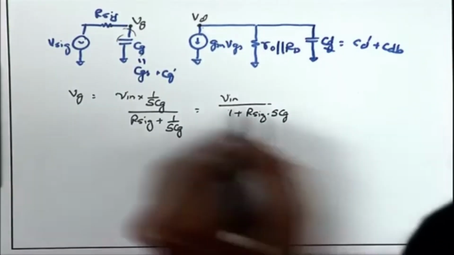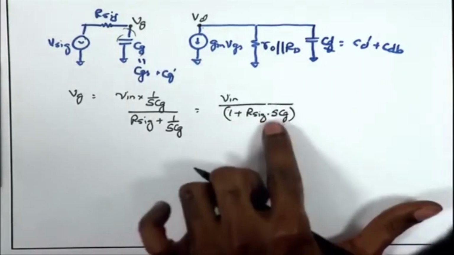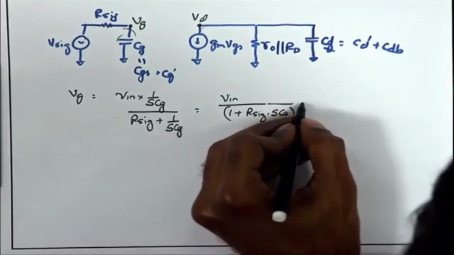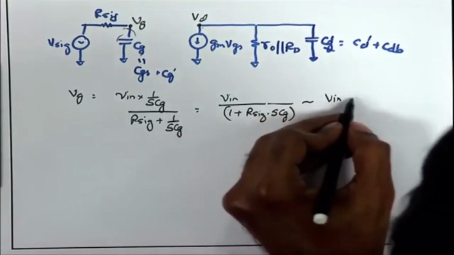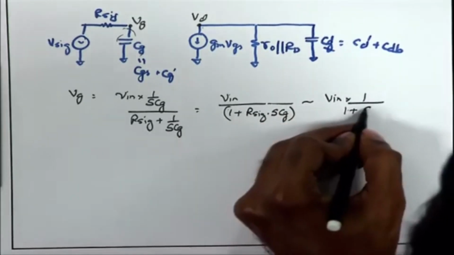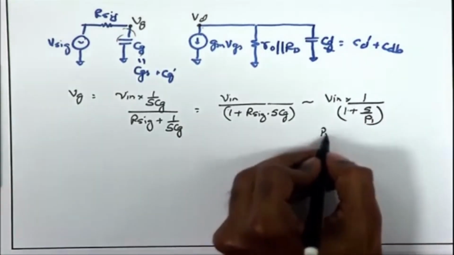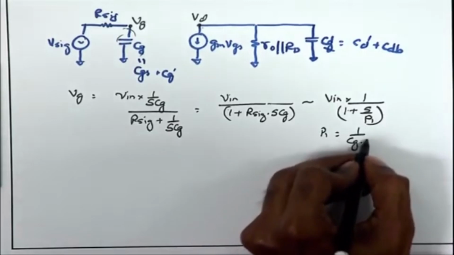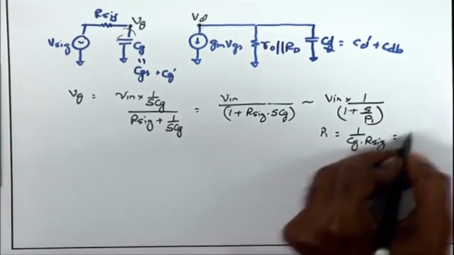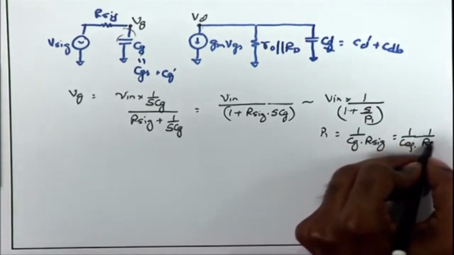So, here we see that we are getting a kind of low frequency pole, V in times 1 upon 1 plus S upon P1, where P1 can be written as 1 upon CG R signal, which is 1 upon C equivalent times 1 upon R equivalent.